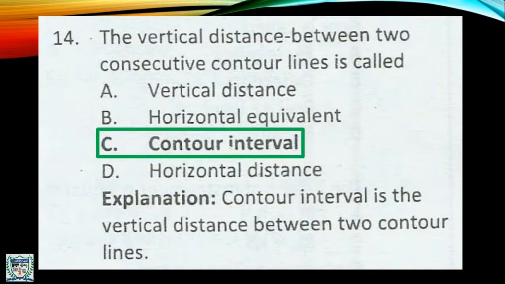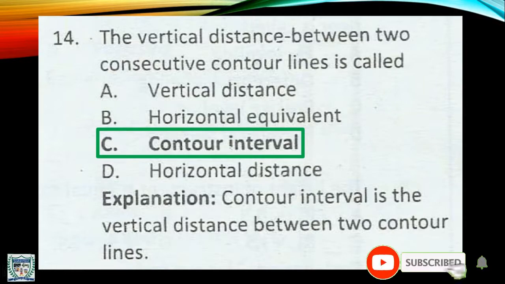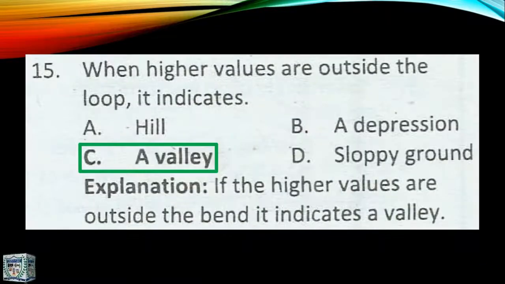Question 14. The vertical distance between two consecutive contour lines is called the contour interval. Option C, contour interval is the vertical distance between two contour lines. Question 15. When higher values are outside the loop, it indicates option C, a valley. If the higher values are outside the bend, it indicates a valley.